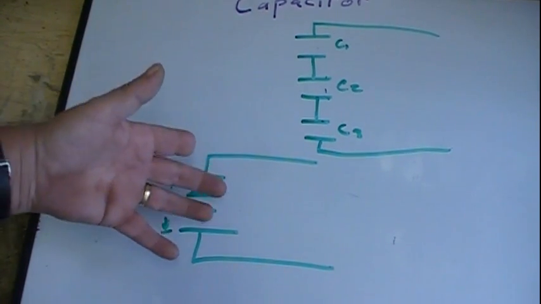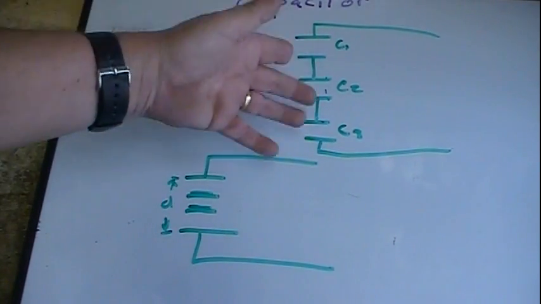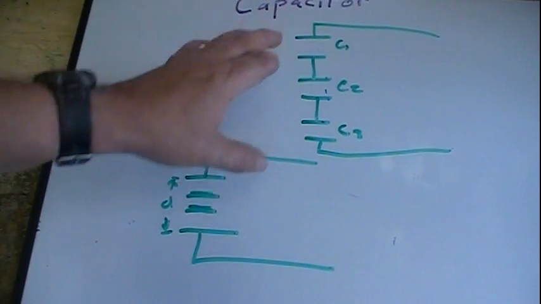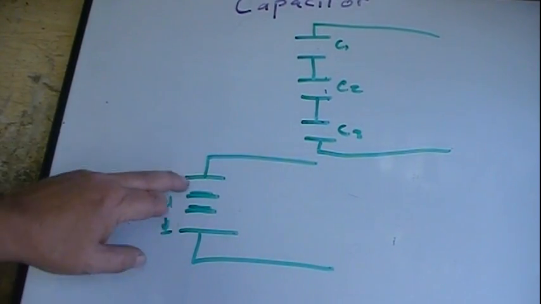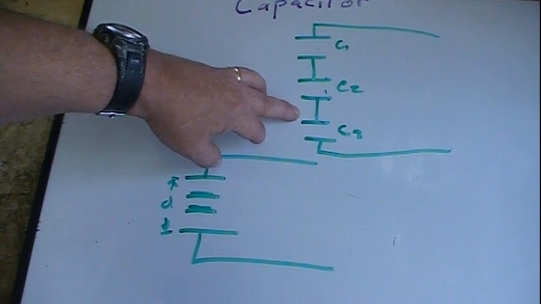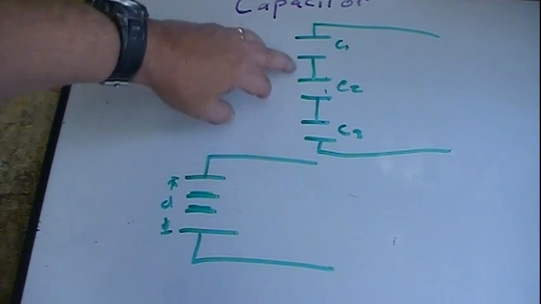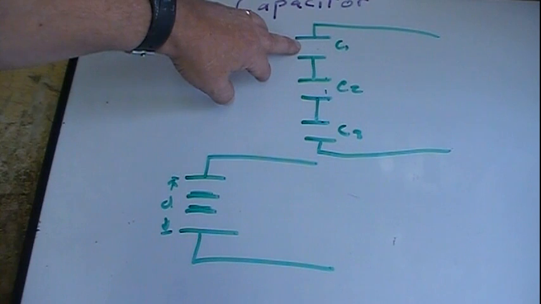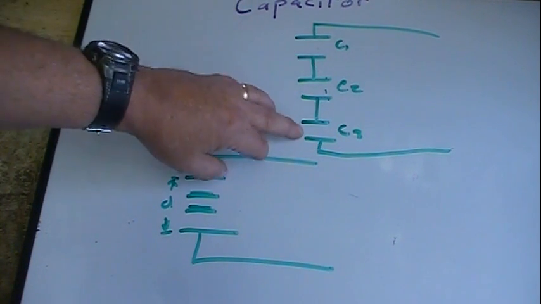This is basic theory, and it does work like this. That's why it works like this, because these two are not connected to the outside world at all. They're connected through charge carriers, through capacitance.